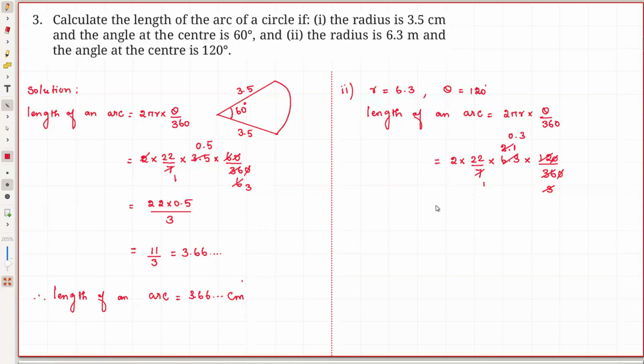Next the balance we have is 2 into 22 into 0.3. So now we get 44 into 0.3, which is 13.2. So the length of an arc is equal to 13.2 centimeter.